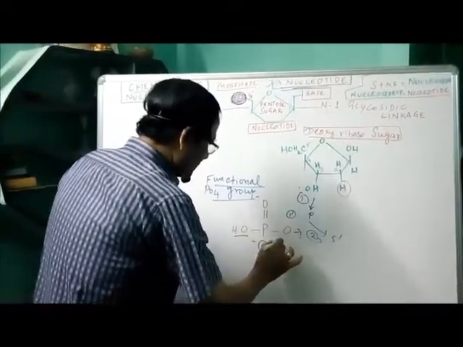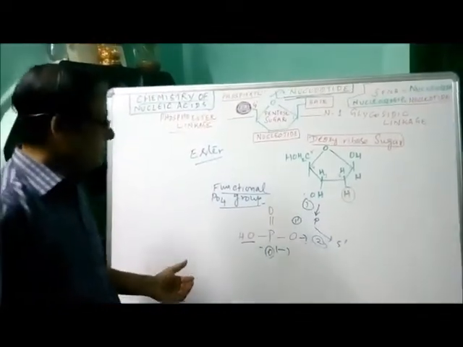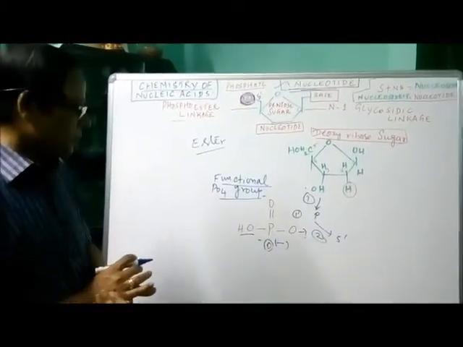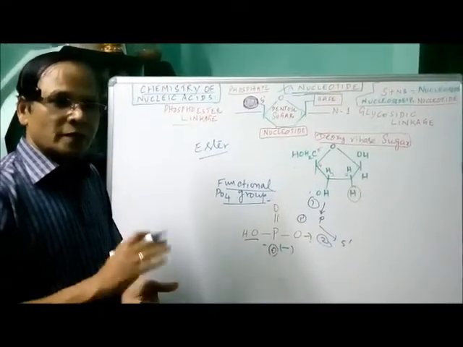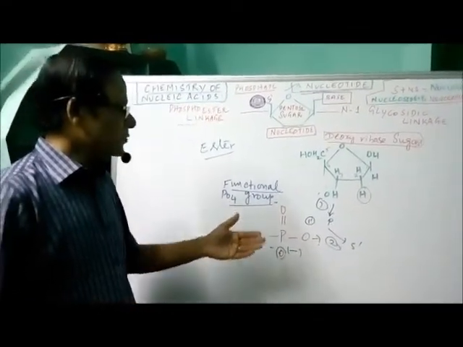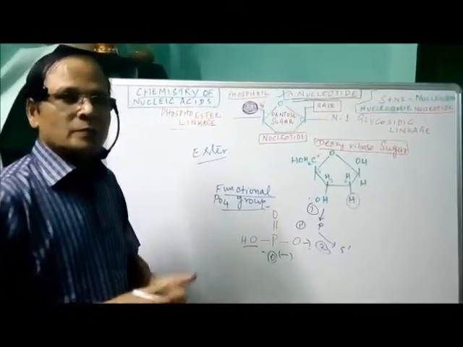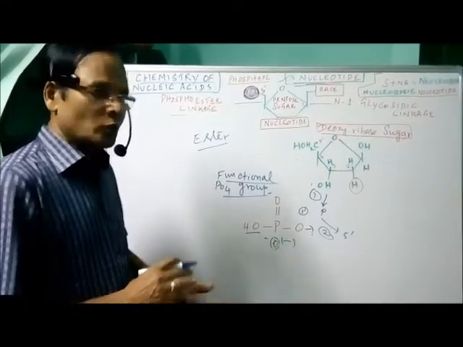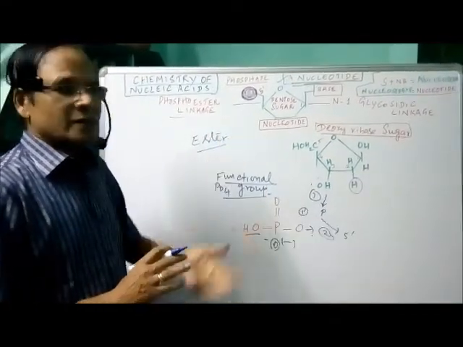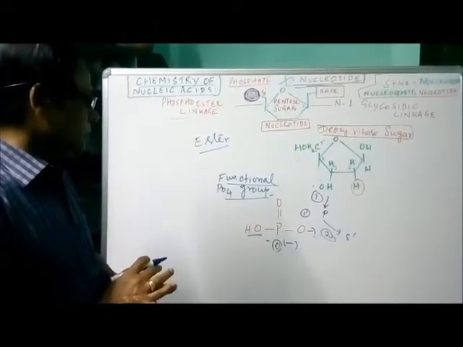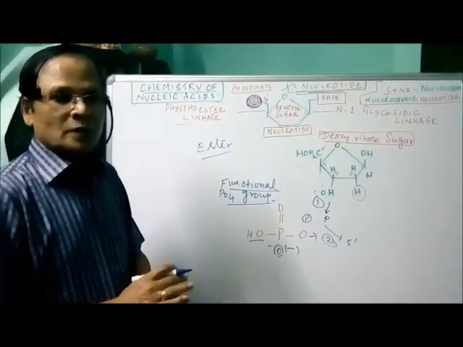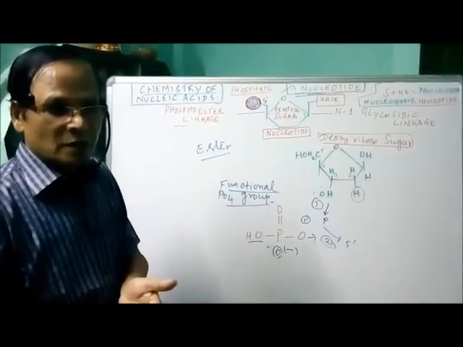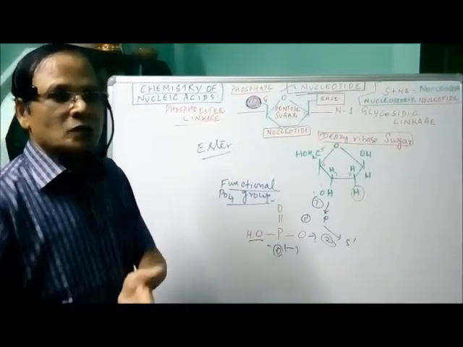That is why the nucleic acid is a negatively charged molecule. This happens because of the diester formation between the successive sugars. The presence of the phosphate group ensures the retention of nucleic acid within the cell, or within the nuclear membrane.